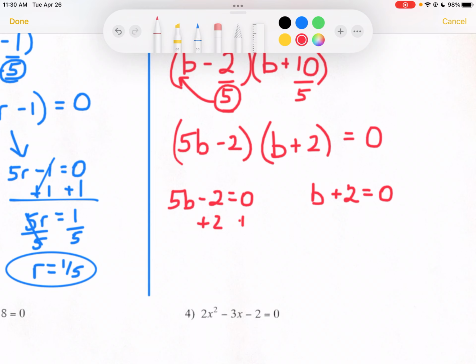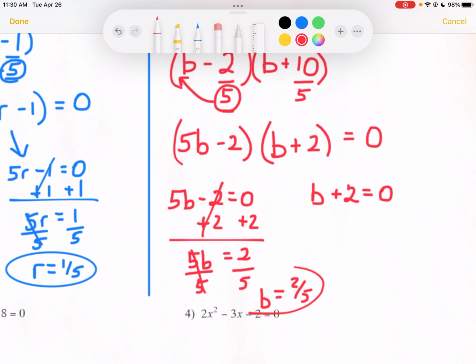Add 2 to both sides. b equals 2/5. And over here, b equals negative 2.